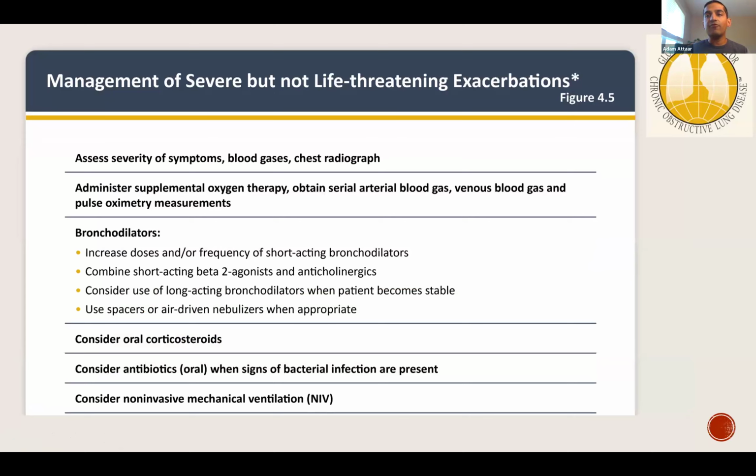This is a graph from the GOLD guidelines that summarizes some of the key treatments that we'll go over one by one, but they include bronchodilator therapy, steroids, antibiotics in some patients, and in some patients, you may need non-invasive mechanical ventilation.